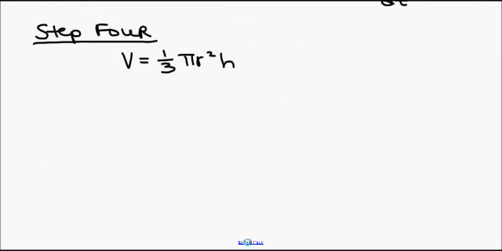But in terms of my variables, V equals 1/3 pi, my radius is x squared, and the height of my water is y. I'm using x and y because I want this in terms of the water as opposed to the entire cone.